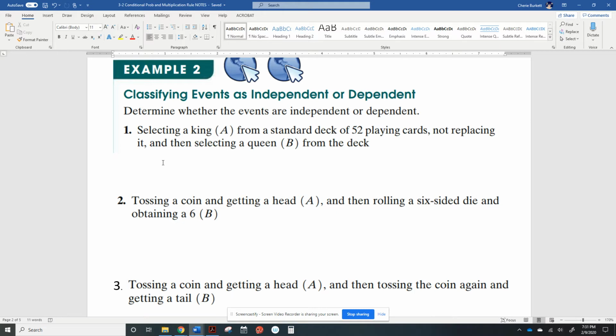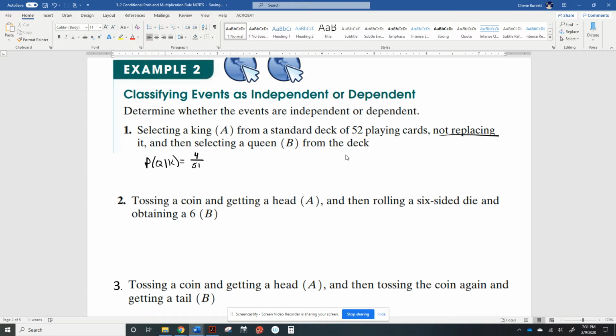So the problem that we did earlier, where we selected a king from a standard deck of cards, we did not replace it, and then we tried to select a queen from the deck. Well, we saw that finding the probability of drawing a queen, given that the king had already been picked, changed my sample space to 51 because we did not replace that first card.